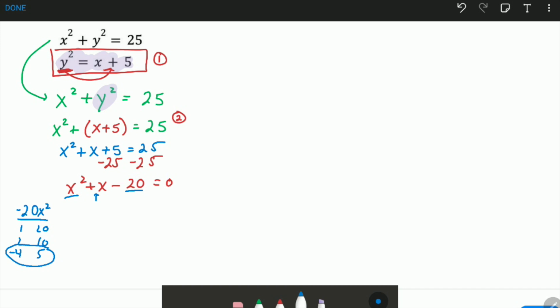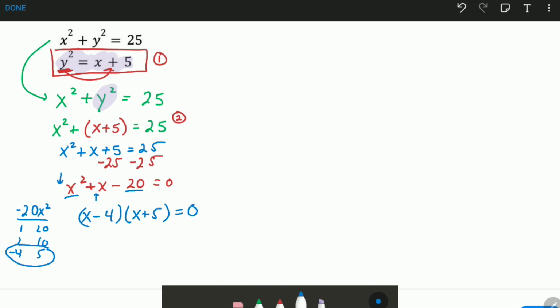Since there is no leading coefficient, we can skip over the extra steps for the factoring by grouping and jump straight to the factors. The factors will be x minus 4 and x plus 5. And again, you can do that anytime you are missing the leading coefficient, or the leading coefficient is 1.